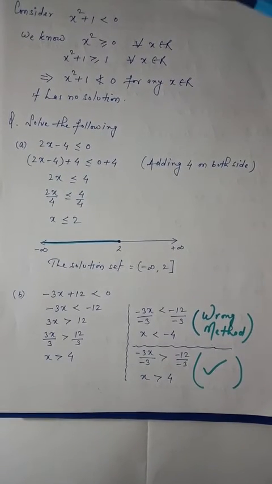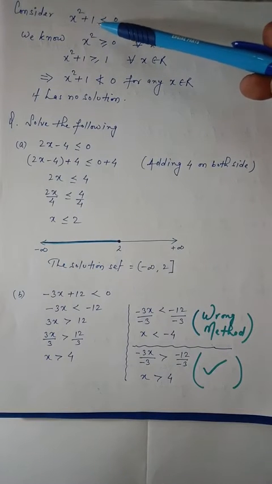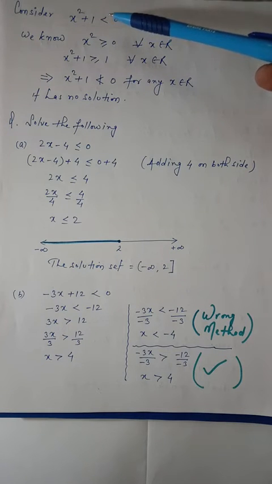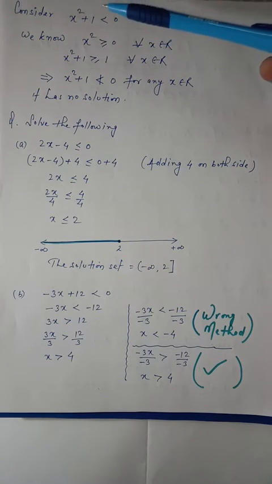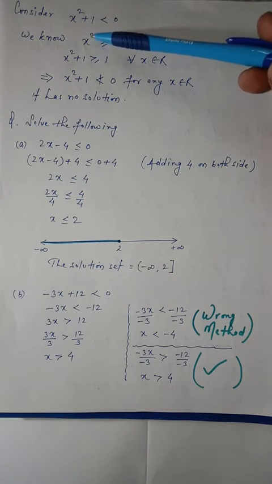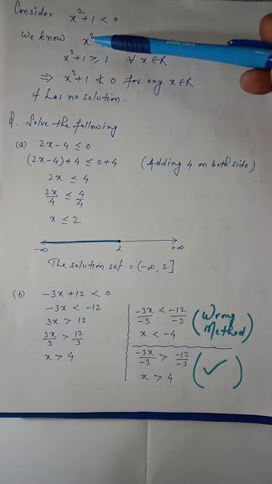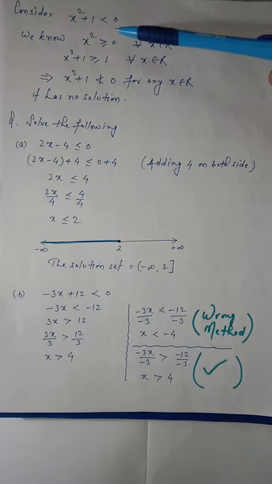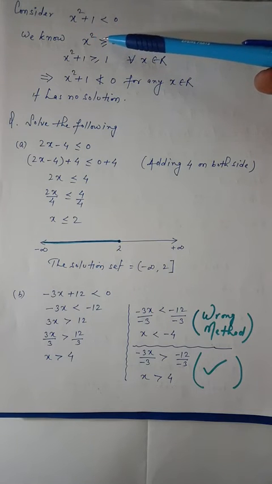Now consider this inequality also: x square plus 1 less than 0. If I'm asking what the solution of this inequation will be, how will we initiate? Let's discuss an important point. x square is a non-negative number, everybody knows, because whether x is negative, positive or 0, x square is 0 or greater than 0, because the square of any number can never be negative.